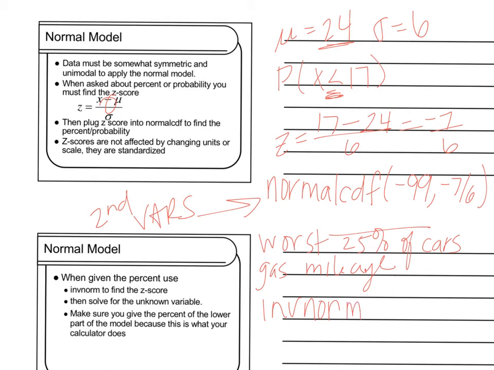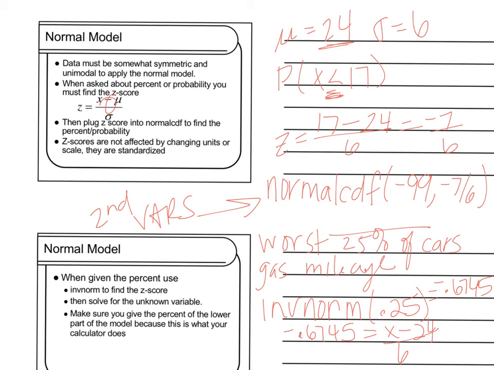That's also in second VARS, 0.25. And I believe that's like negative 0.6745. You can correct that because, again, I don't have my calculator. And then we use that, negative 0.6745, solving for x minus 24 over 6, and you can do the algebra on that.